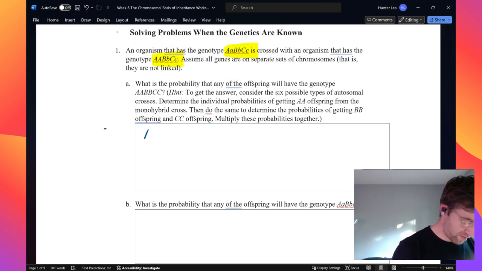So let's start with, I'm prepping these 3 Punnett squares simultaneously. We're going to do each of these separately. We've got our heterozygote across the top and our homozygote on the vertical.